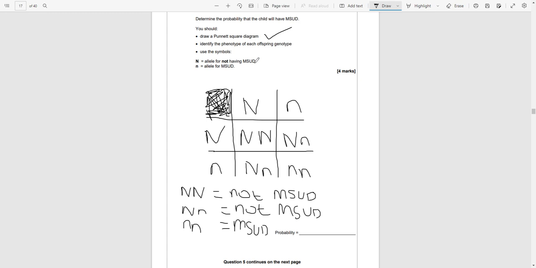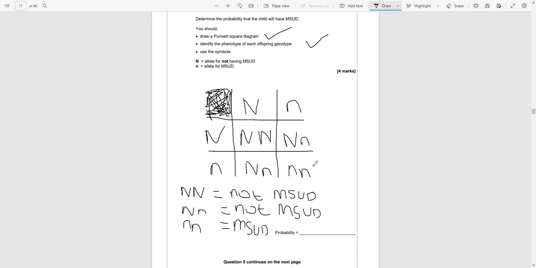I now need to work out the probability, that was what I was asked to do. Determine the probability that a child will have MSUD. Well, I can see from my results here and from my key that there is only a 1 out of 4 chance that the child will have the disorder.